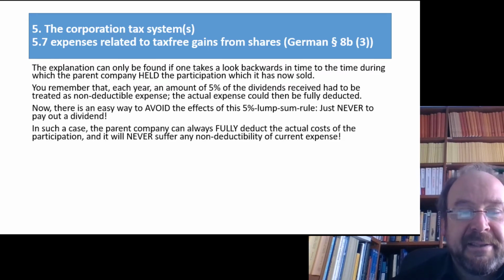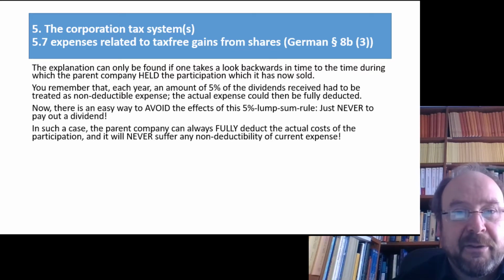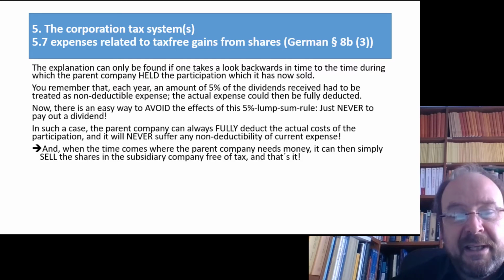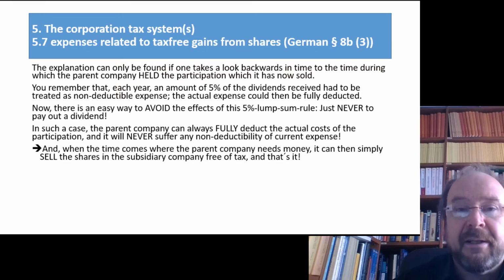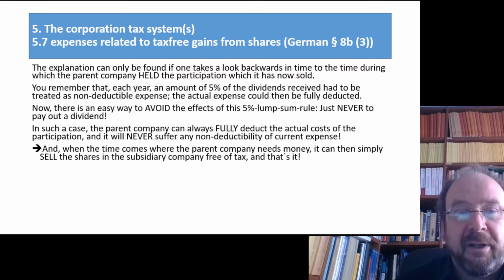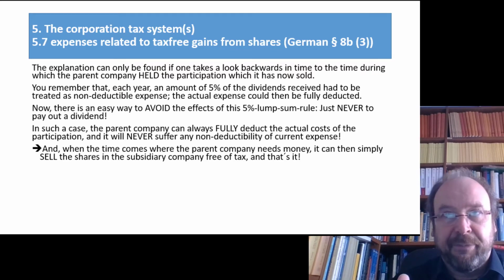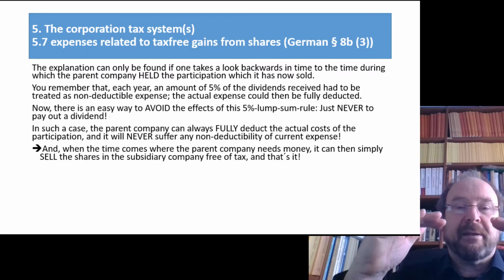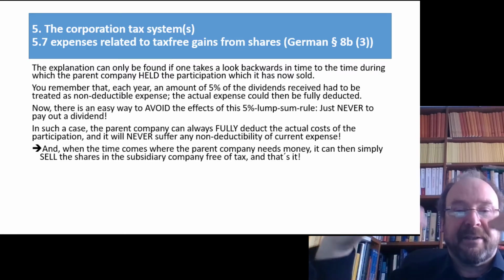So in that case, the parent company can always fully deduct all the costs and never gets hit by that 5% lump sum rule. And then some people found out that when the time comes that the parent company needs money, they just sell the shares tax-free to somebody else and collect all the money, because when you never pay out dividends, the money piles up higher and higher in the subsidiary.